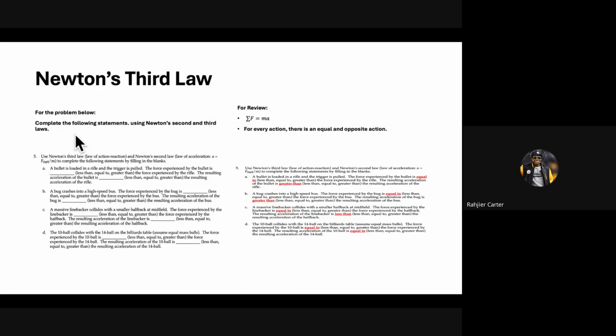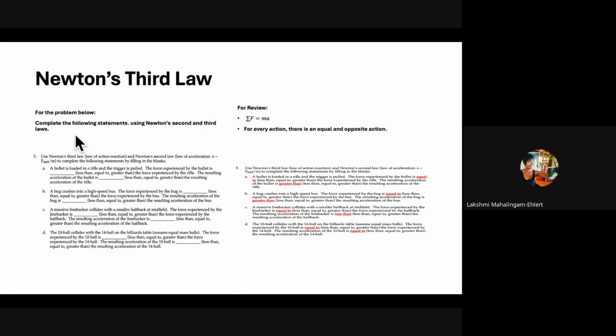Because I feel like maybe that's why, because they're going at different speeds, right? The bus is going faster, obviously. It says a high speed bus. So the bus is going faster than the bug, but yet the acceleration of the bug is higher than the bus. The acceleration that it feels as a result of the force. So like the bug's crash.